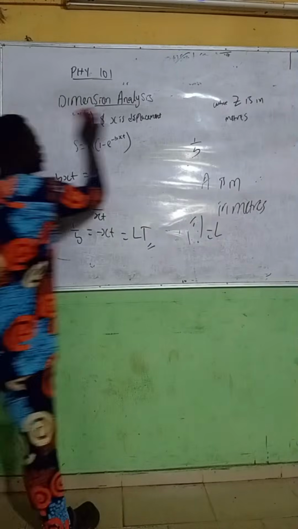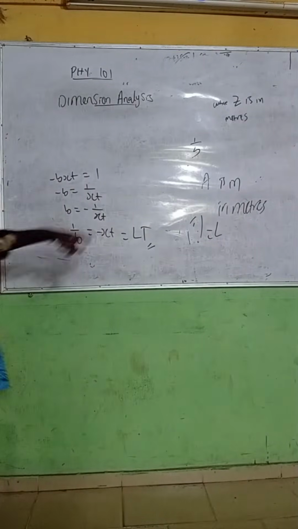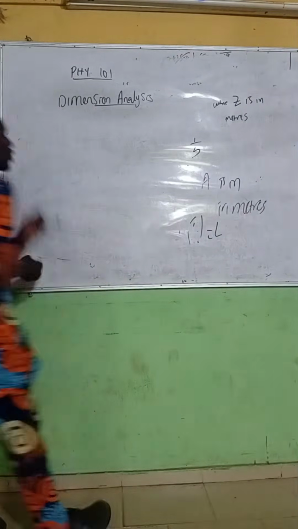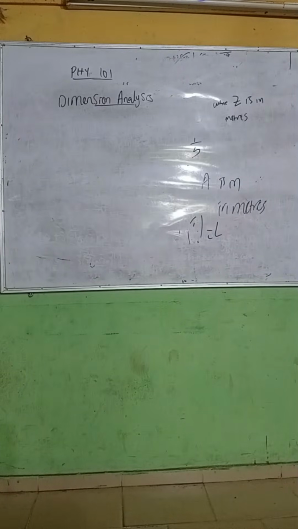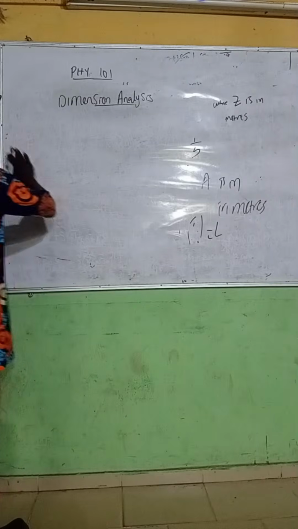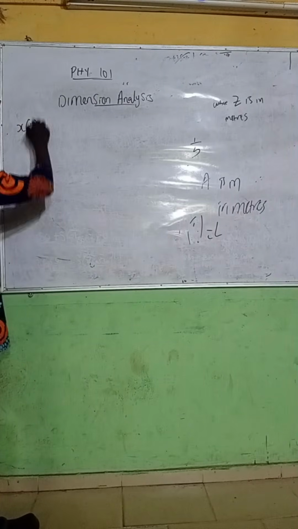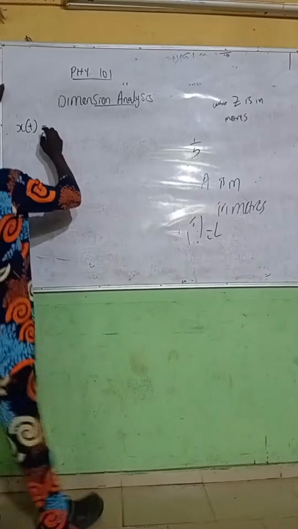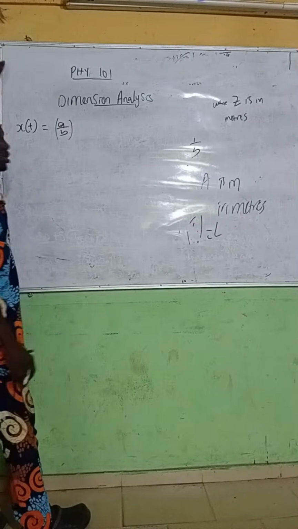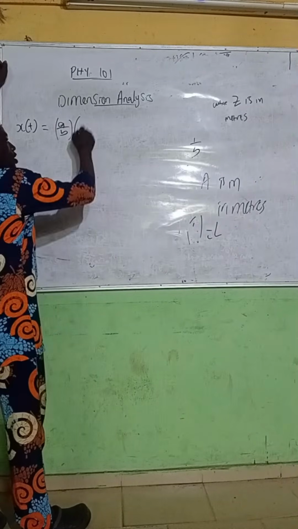Second question. Do you understand this one we just did? The position of a particle at time t is given by x of t equals a over b all into 1 minus c raised to minus bt.